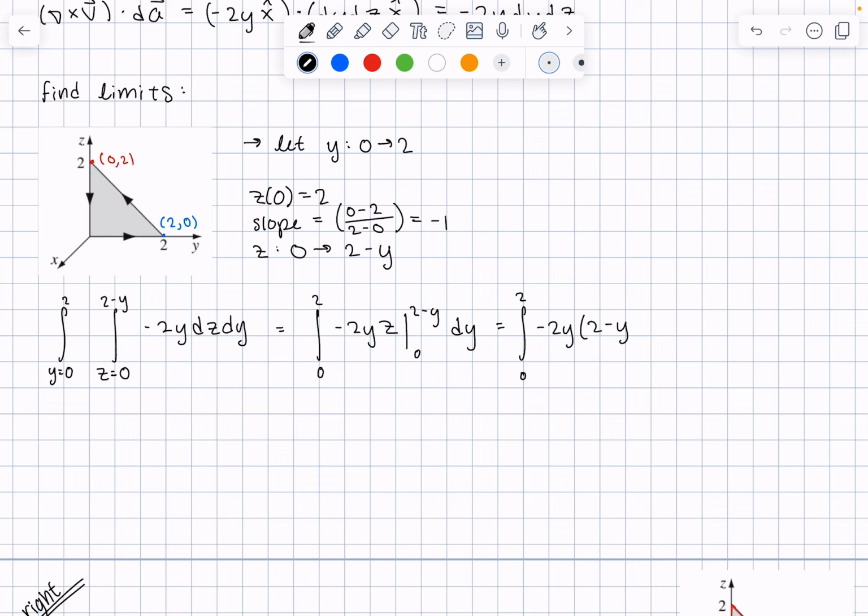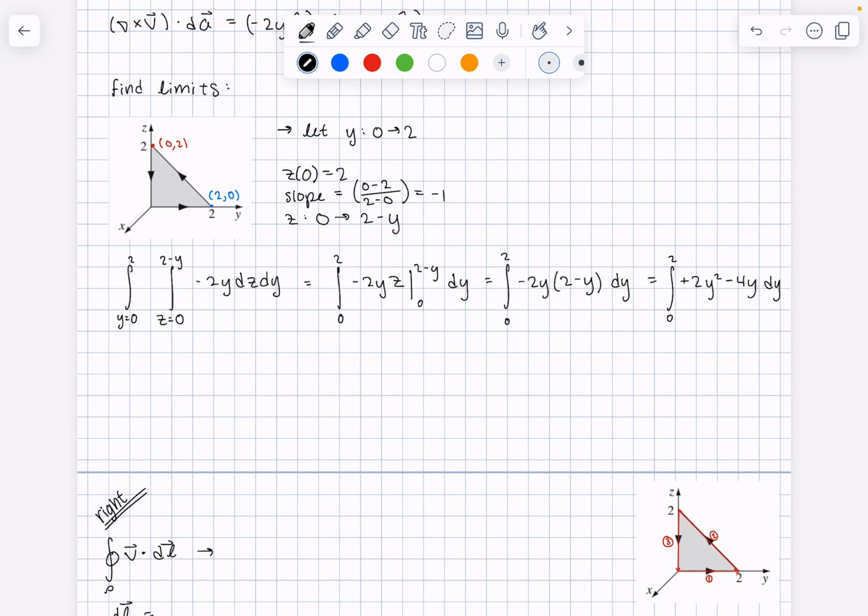Excuse me, we'll plug in for z, and the 0 would take it to 0, so we can leave it as that, and dy. And now we just have to integrate 0 to 2 of negative 2y times (2 minus y), which is positive 2y squared minus 4y, and that's dy.